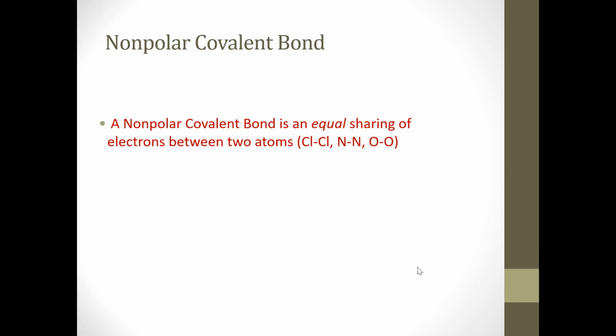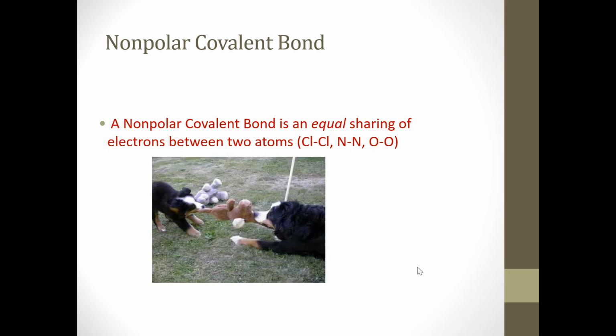All those bonds, because there's two atoms that are exactly the same, they're going to have the exact same electronegativity. They're going to pull evenly, like these two dogs tearing apart this poor, what looks like a stuffed bear, or maybe a stuffed rabbit. I don't know. Anyway, so that'd be pulling equally on the electrons in the middle. They don't spend any more time around one atom or the other.